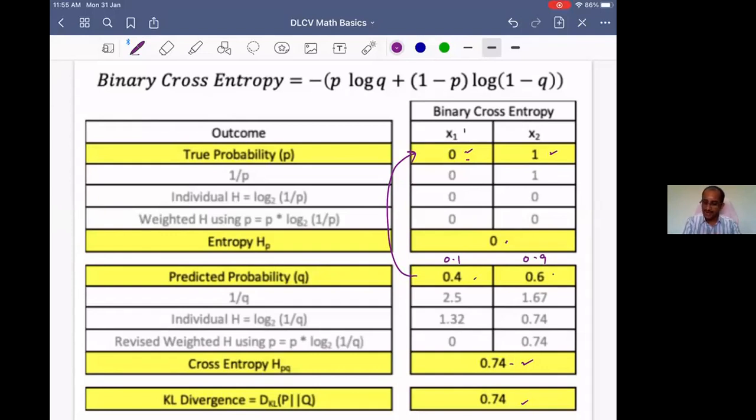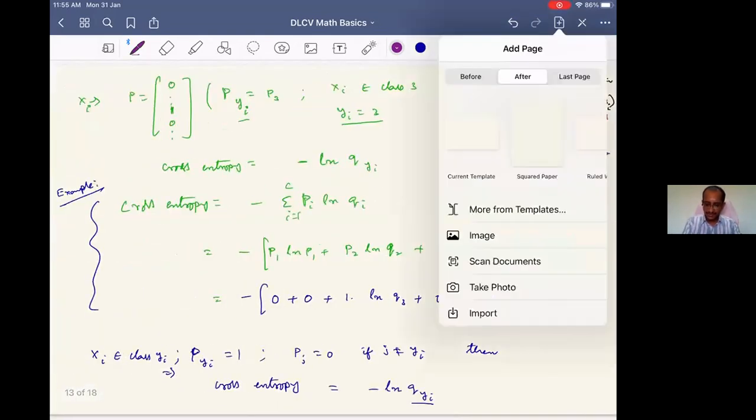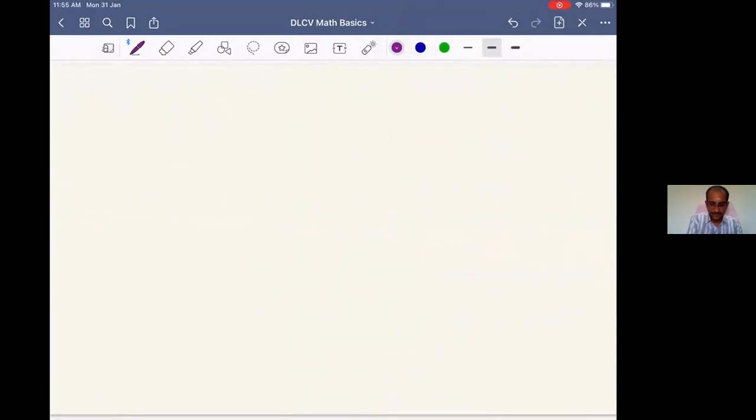In that case, x1 will be 1 and x2 has to be 0. If that happens for all samples, then we say the algorithm has learned, and the learning is complete. Is this picture clear?